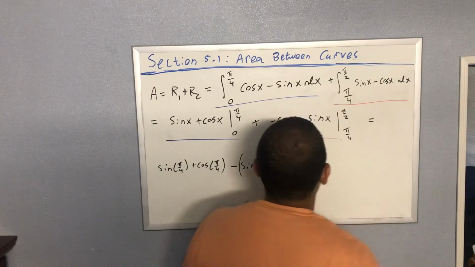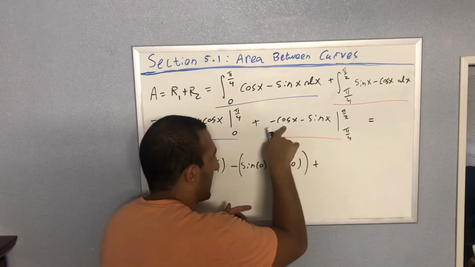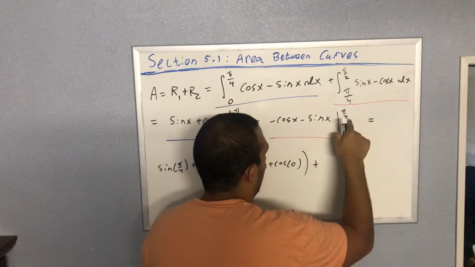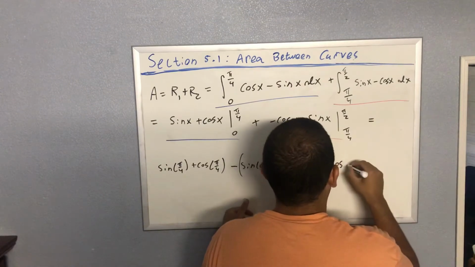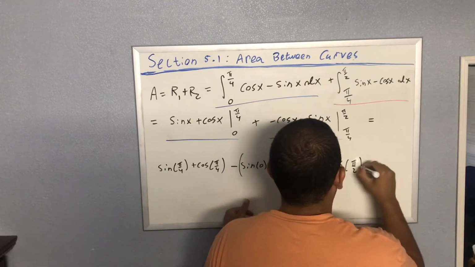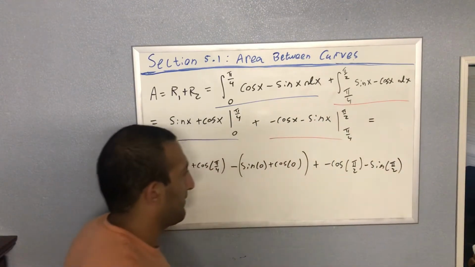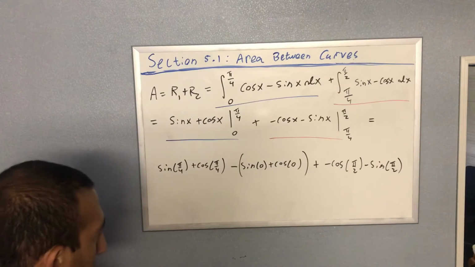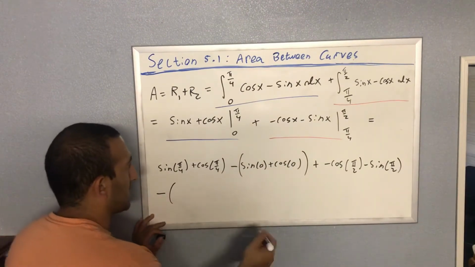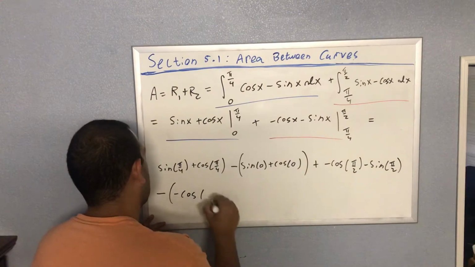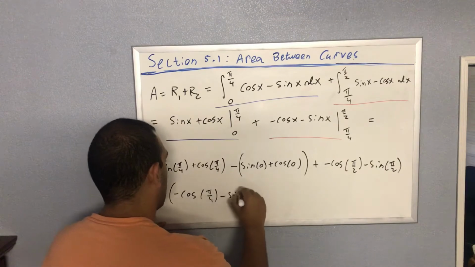So then plus, and now you're going to stick pi over 2 in for these. So plus negative cosine of pi over 2 minus sine of pi over 2. Okay. And then minus, again, you want to put parentheses, negative cosine of pi over 4 minus sine of pi over 4.